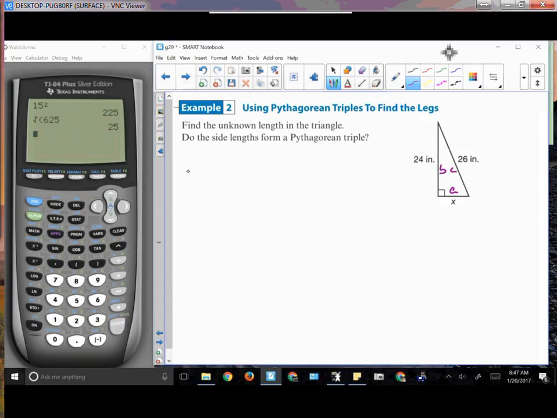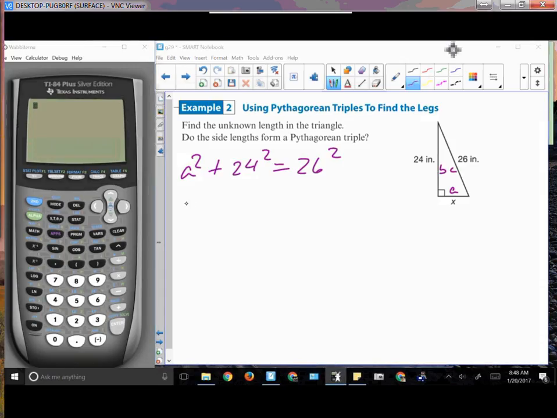So that means I have A squared plus 24 squared is going to be equal to 26 squared. And again, you got the calculator there, but to write all of this stuff up is only going to help you in the future. It gets you accustomed to writing things out and showing all your work. That way when you're dealing with algebraic expressions in Algebra 2 and other things that we do, you get accustomed to it. So, I've got A squared.